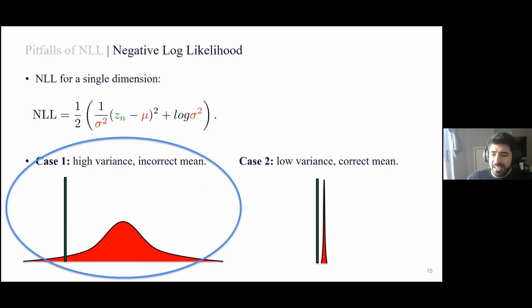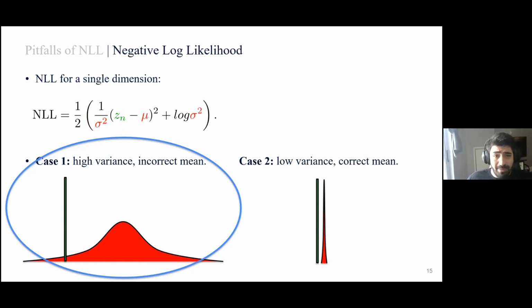Negative log likelihood is simply the negative of the log probability. If our mean estimate is very correct, but our variance is so small that no probability is assigned at Zn, our negative log probability will be infinity, right? Because we will have zero probability, so negative log of zero will be infinity. This is clear from the denominator containing the variance here.